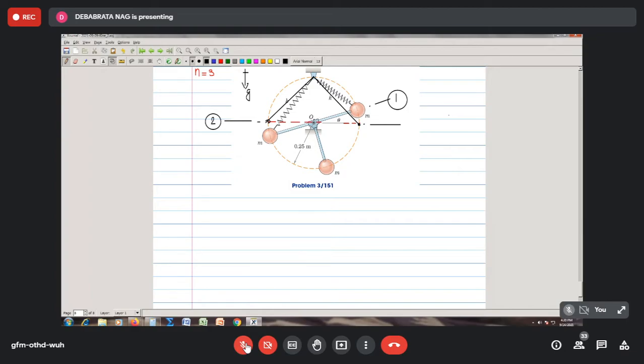So now, after analyzing all these things, all this you need to write in the exam, correct? What you notice is that apart from the spring and the gravity, there are no other active forces acting on your system. Understand?